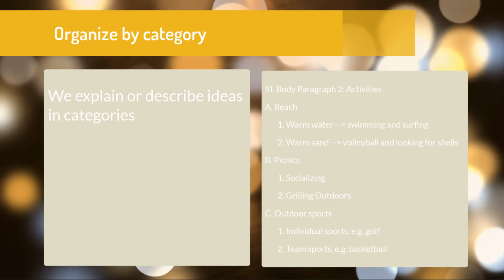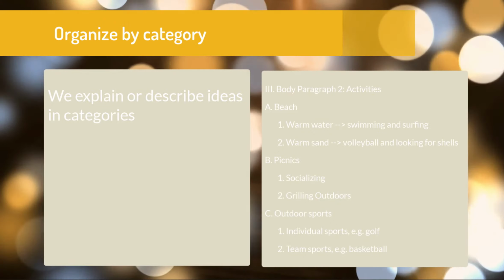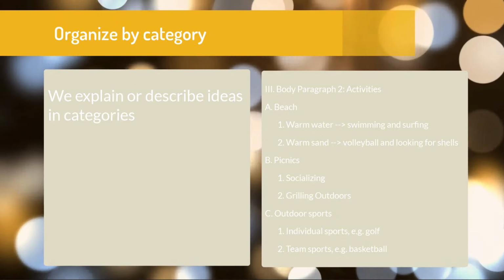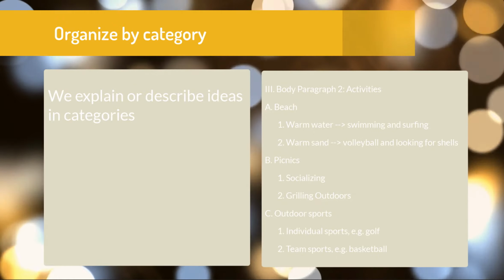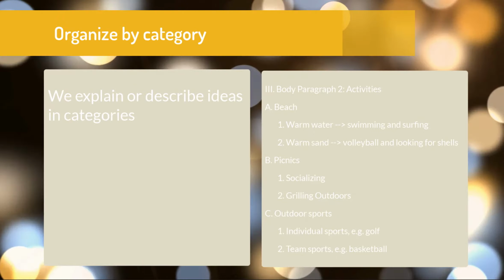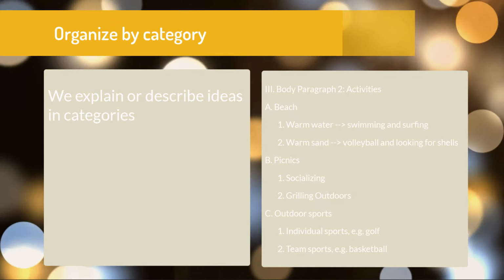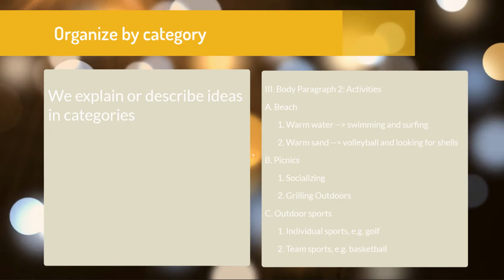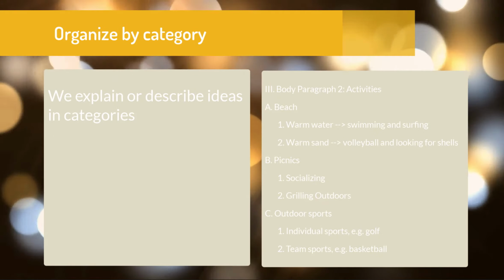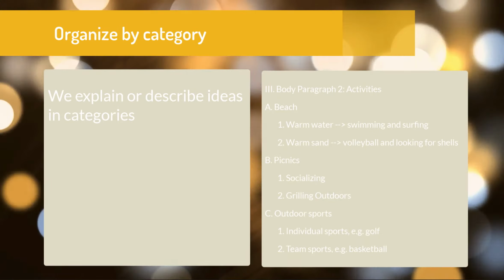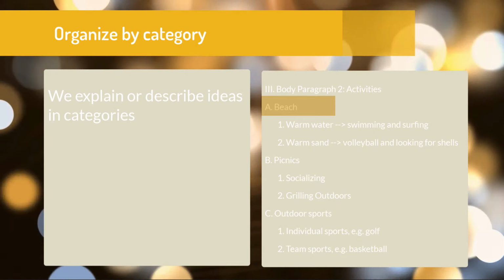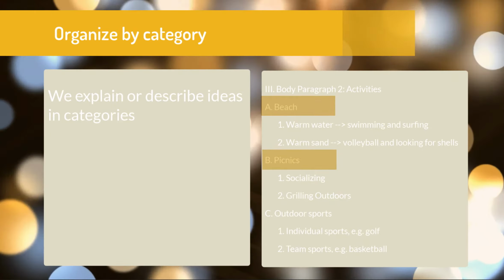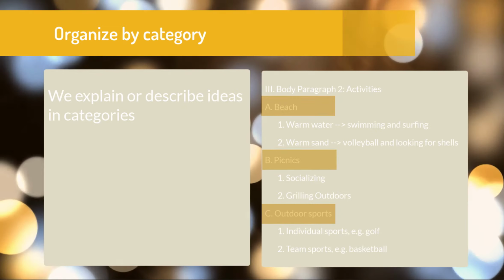In this section of the outline, we are looking at body paragraph 2, activities. The writer organized their supporting details in this paragraph by category. They categorized their details by the type of activity. The writer used the 3 categories: beach activities, picnic activities, and outdoor sports.